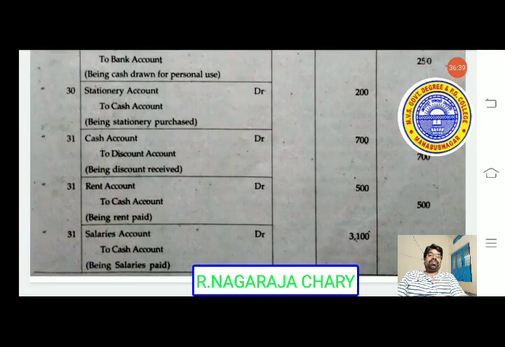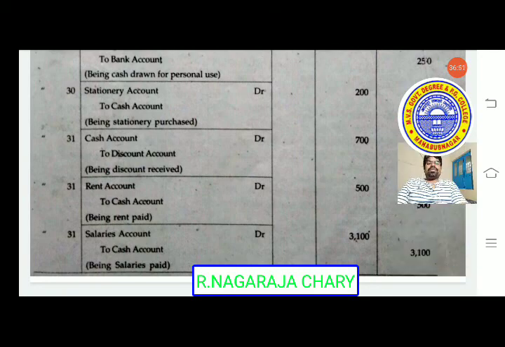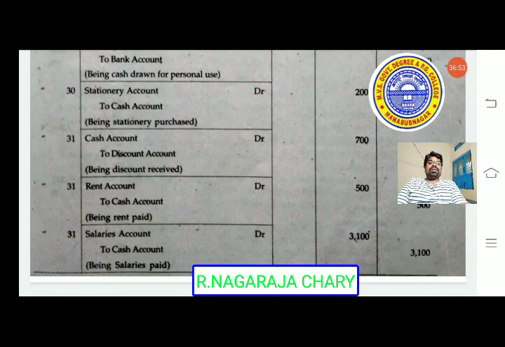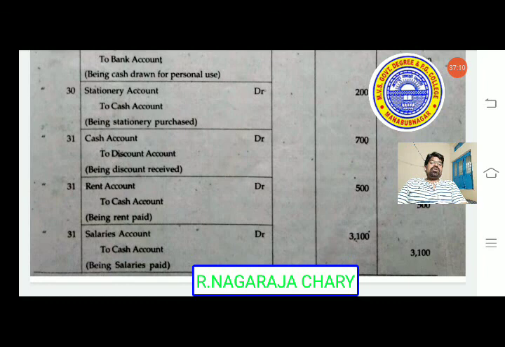Here also we observe the same thing. Salaries is an expenditure. Expenditure comes under nominal accounts. So, according to nominal accounts, all the expenses and losses will be debited, all the incomes and gains will be credited. So, salaries is to be debited.